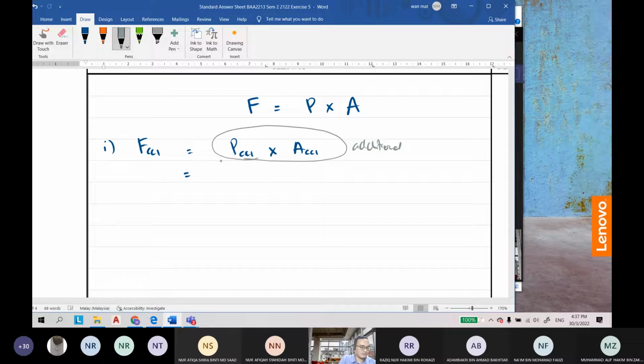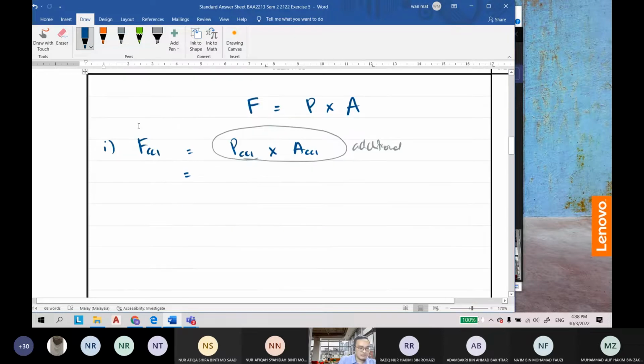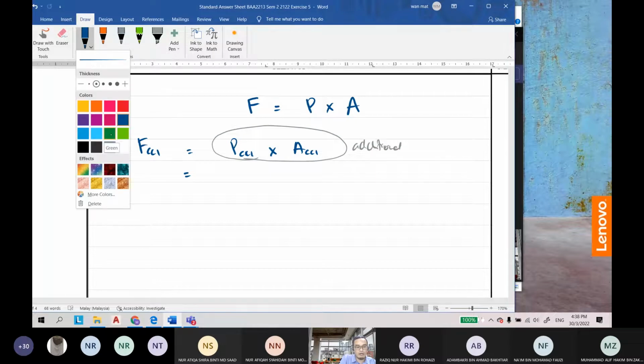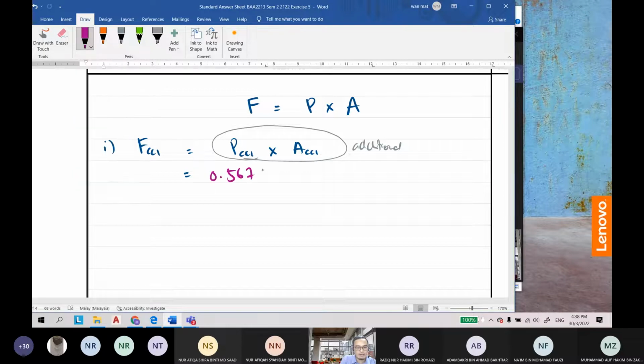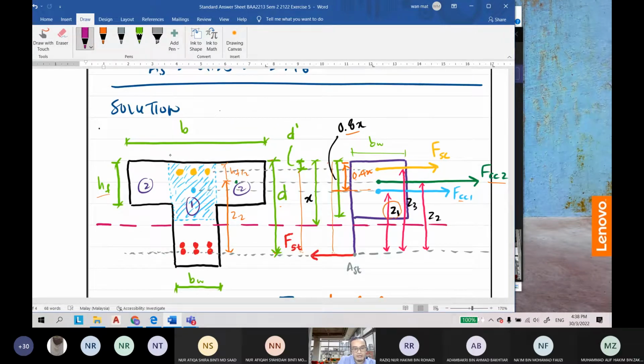So the pressure for the concrete is very simple, 0.567 FCK, times the area of CC1.